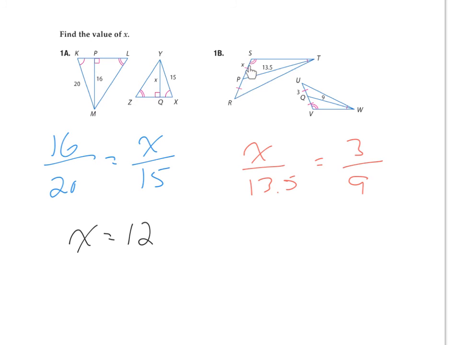So again, as long as you take the corresponding pieces, these are our median, so half of the leg, x, is to 13.5, as half of the leg, 3, is to 9. Again, I'm hoping you don't need to cross multiply, but if you do, you get x is equal to 4.5.